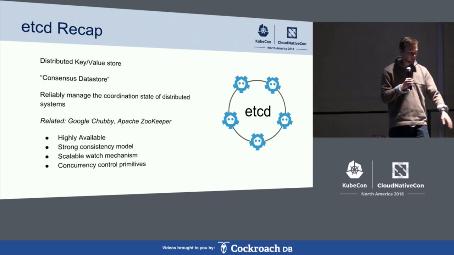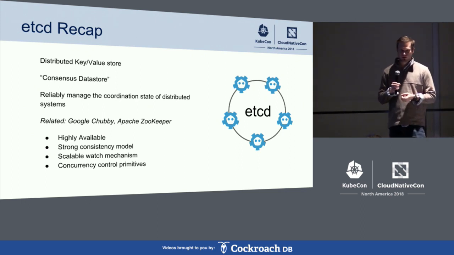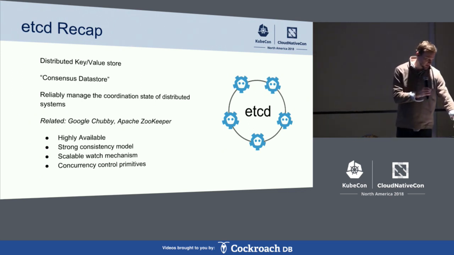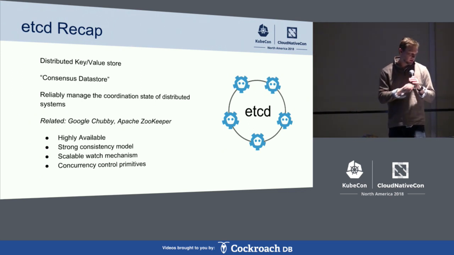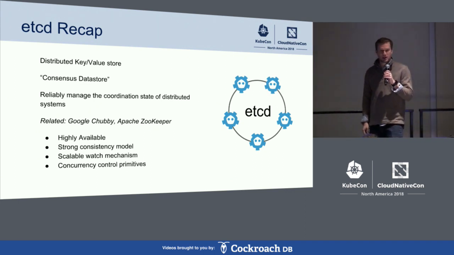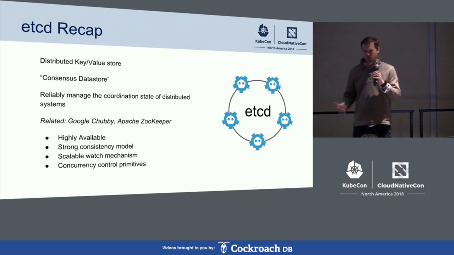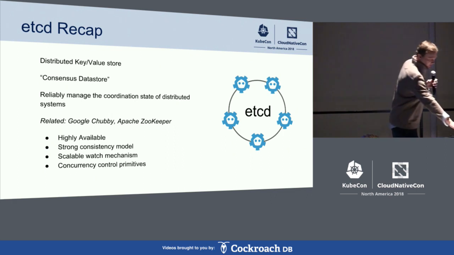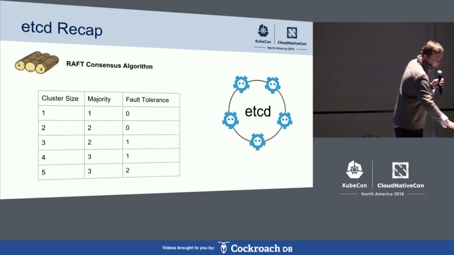And so there's usually some kind of watch mechanism that allows them to subscribe and receive near real-time updates to some set of that data so that they have fast access to it. Lastly, these systems typically include a variety of concurrency control primitives. So this could be a check and set operation to allow you to do optimistic concurrency control. It could be leases to allow you to build leader election, things like that.